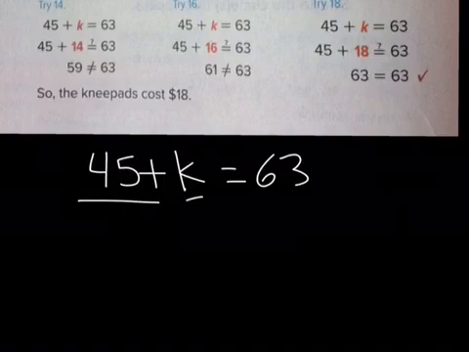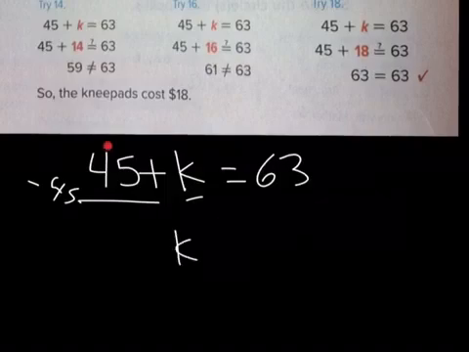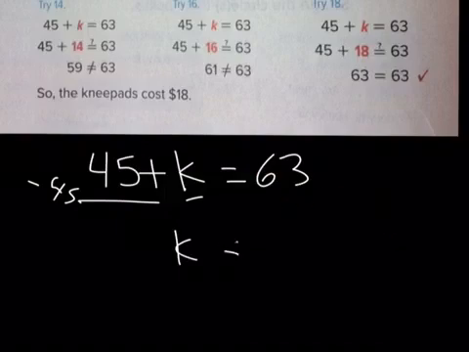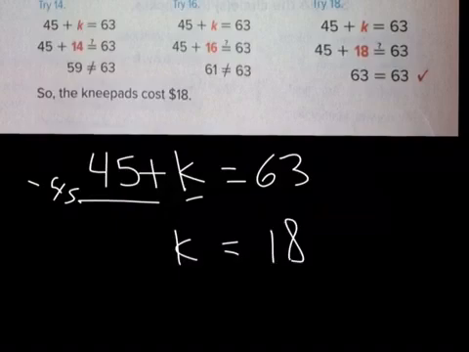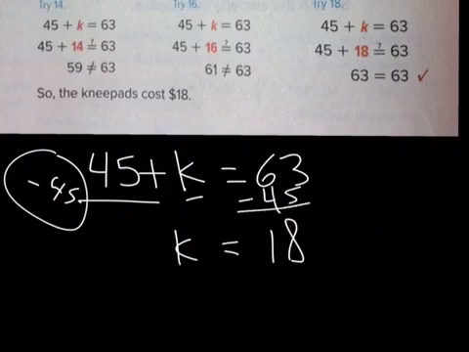So I subtract the 45 from this side. So minus 45, right? So now I only have k left. Whatever I do to this side, I must do to this side. So again, it's 63 minus 45. And 63 minus 45 is 18. Okay, so remember I subtracted 45 from this side, so I have to do the same thing on the other side. And there's the other way to do it.